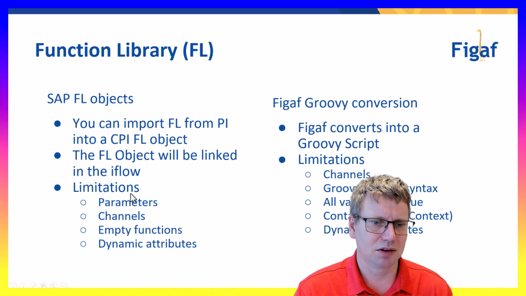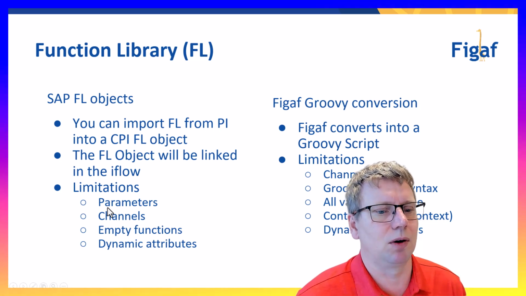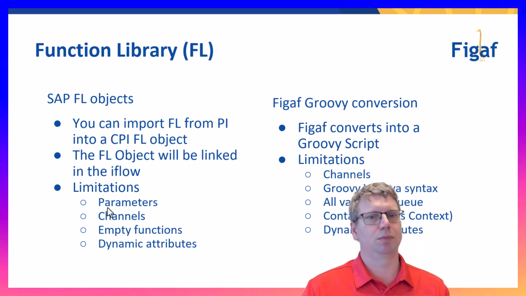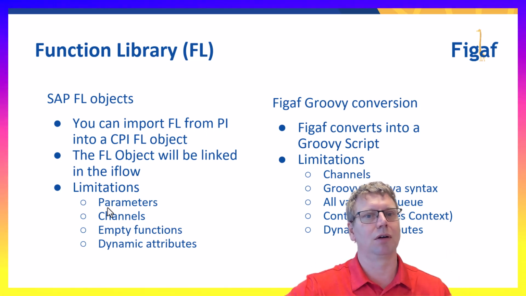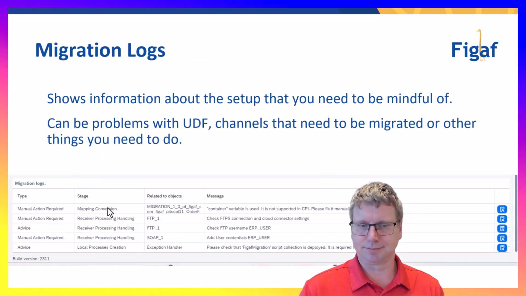I think parameters are somewhat excluded, or possible to use in the SAP function library import, but that's something you need to figure out as you progress, which is the way you want to work with these scenarios.